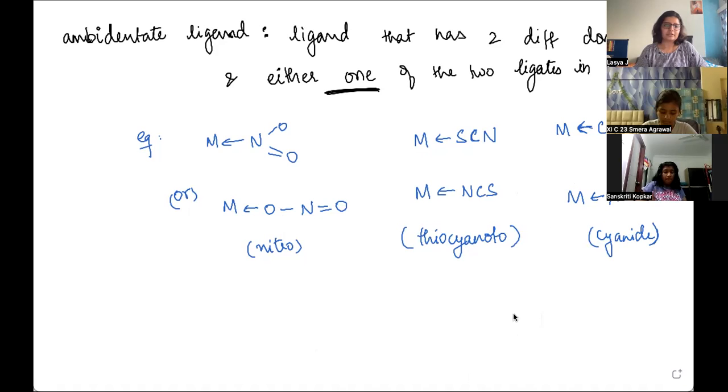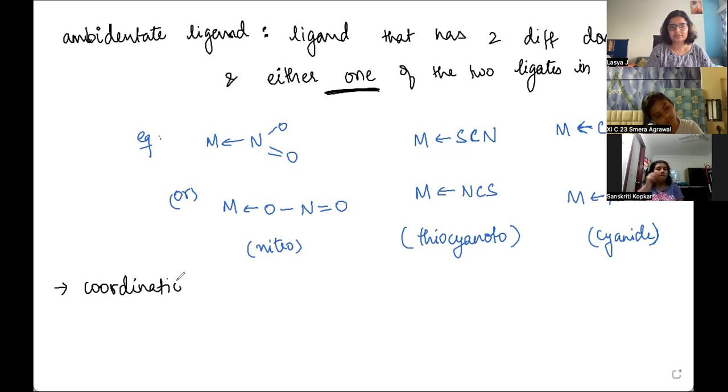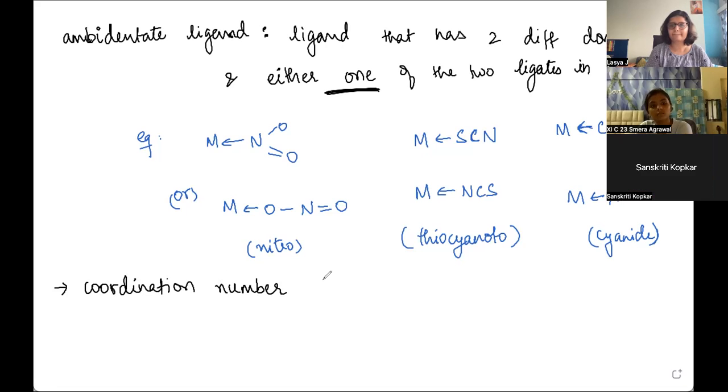Then, the next term we need to know is coordination number. We've already discussed a little bit about this. What is the coordination number? Do you remember? The secondary valency. Now that you know about ligands and coordination entity, can you put it in better words?